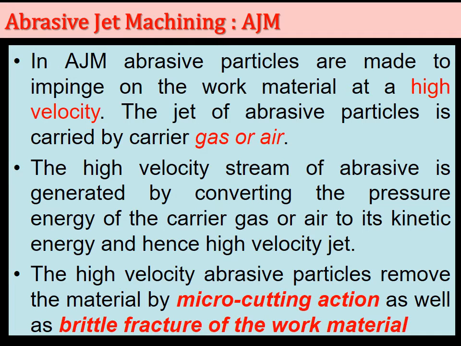So just like the ultrasonic machining process, it works on brittle fracture of the metals. Then we can remove the materials from the metals by the erosion process. This is a short introduction to the abrasive jet machining process.